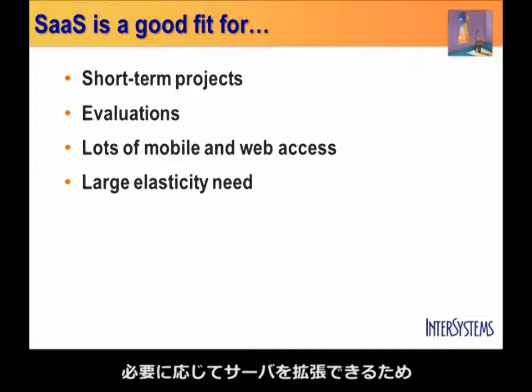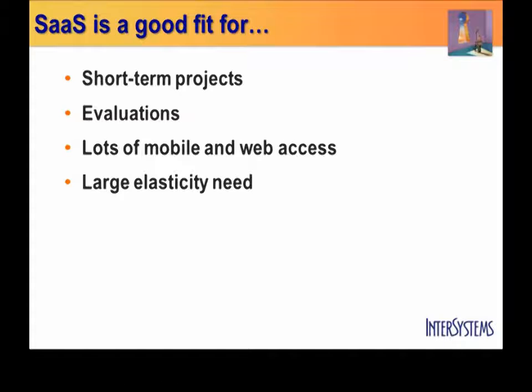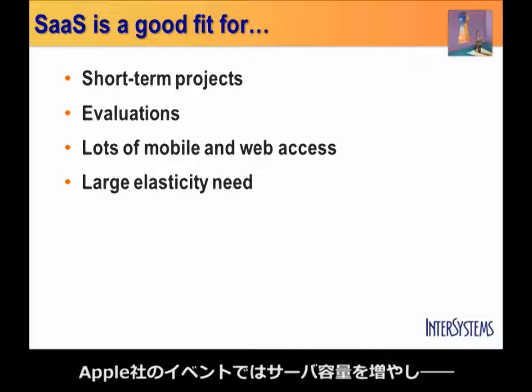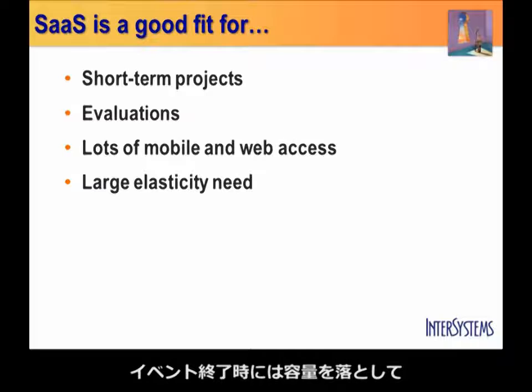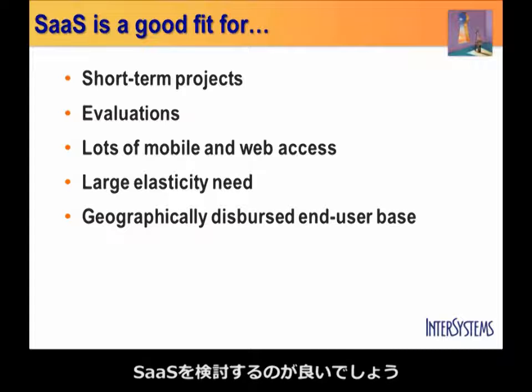So they deploy in the cloud because they can then grow and spin up servers as they need to. If they're going to an Apple event, they'll just spin up those servers and let it run. And when the event's done, they'll spin those servers back down, and they only pay for what they're using at that time. So if you have a large elasticity need, software as a service is a very good thing to consider.